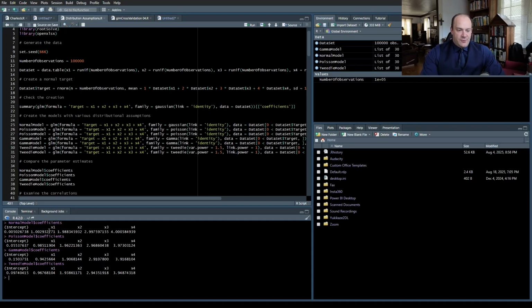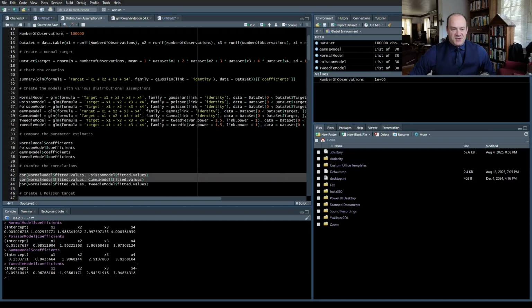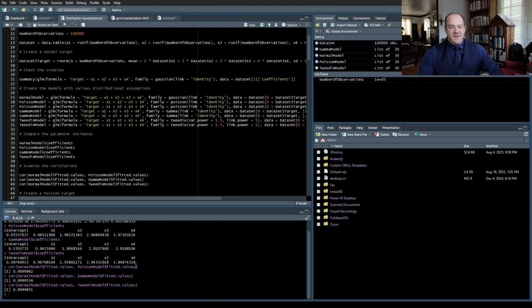And so, yeah, they come up with different answers. Not surprising, because they're maximizing different things. However, it's not like they're completely different from one another. These are all close to 1, these are close to 2, these are close to 3, and so on. Moreover, and I would say most importantly, let's look at the correlations between them. And there you go. The correlations are at nearly 1.